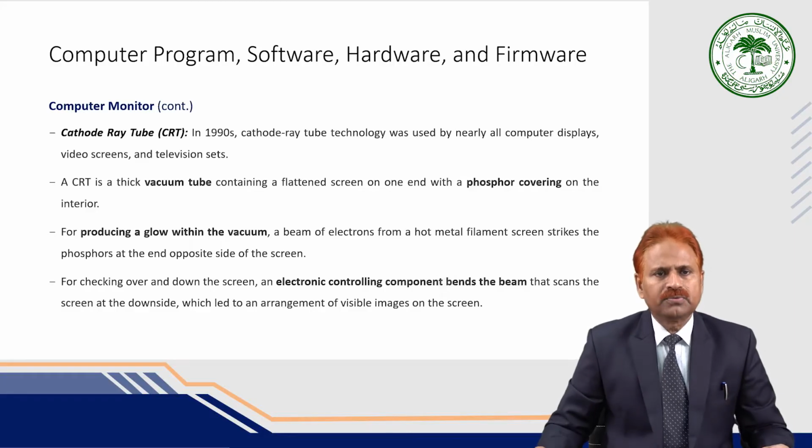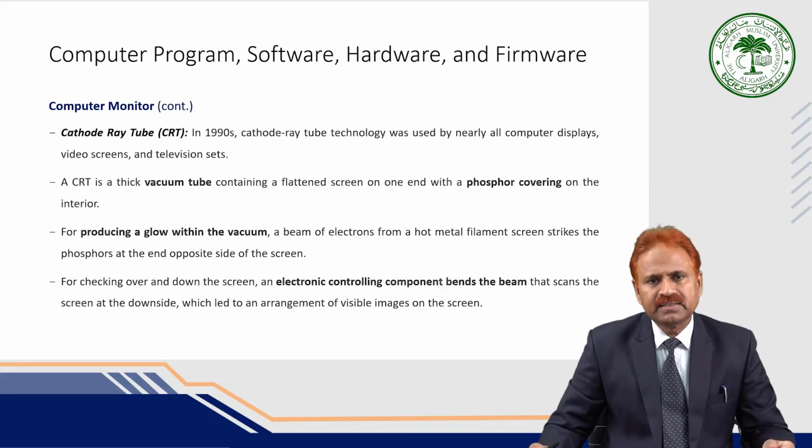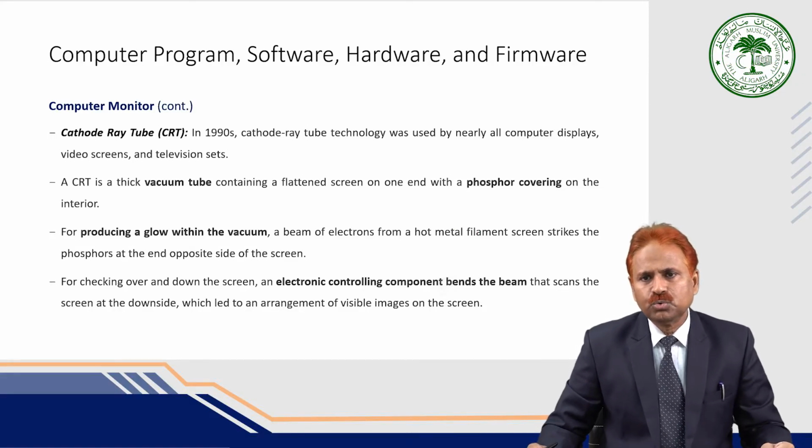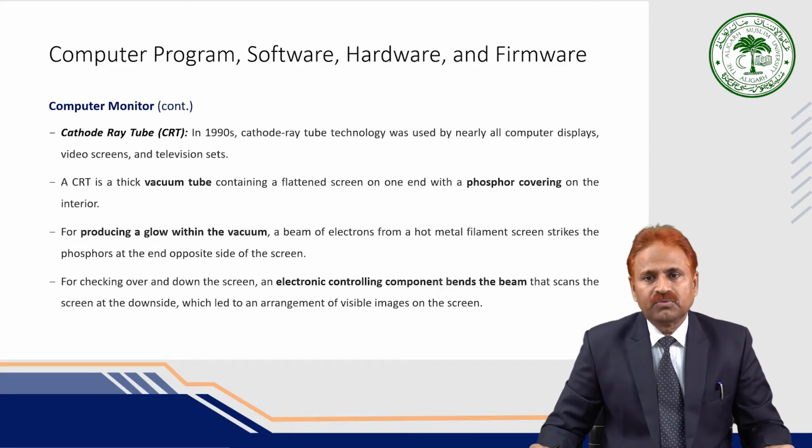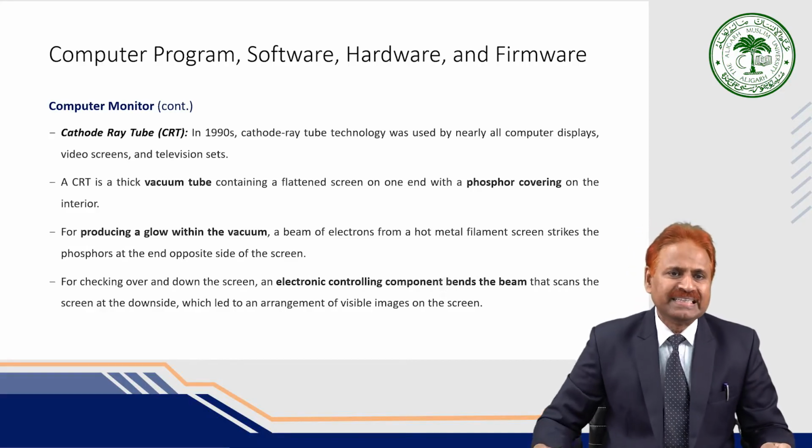Another example of a type of computer monitor is CRT, cathode ray tube. In the 1990s, CRT technology was used by nearly all computer displays, video screens and television sets. A cathode ray tube is a thick vacuum tube containing a flattened screen on one end with phosphorus covering the interior.